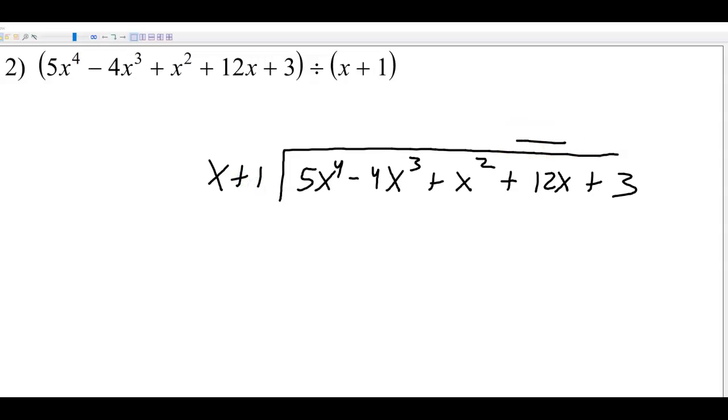I want you to get these numbers here and here. Once you get to this point, I want you guys to stop and we'll check your work. So fill in these blanks for me. In other words, all you're going to do is one cycle. One cycle where you find how many times it's going there, multiply it, put it here, subtract, bring down, stop.